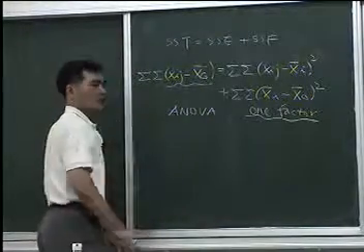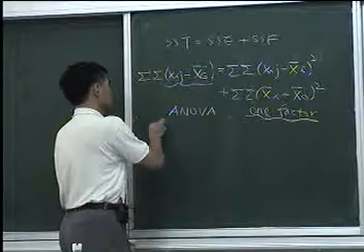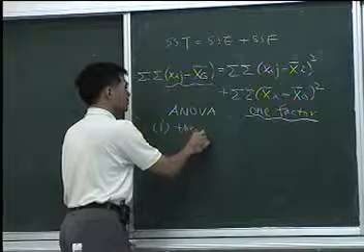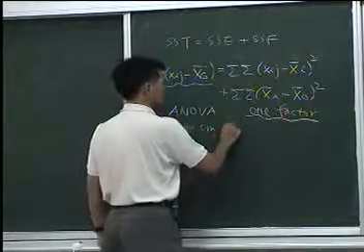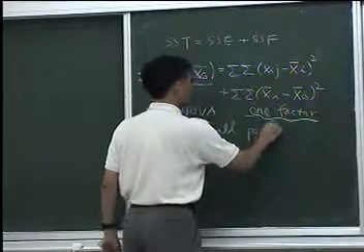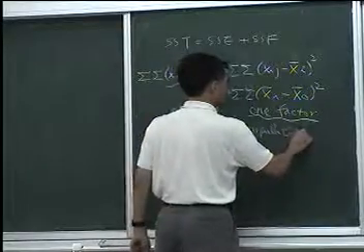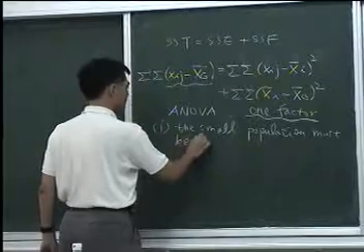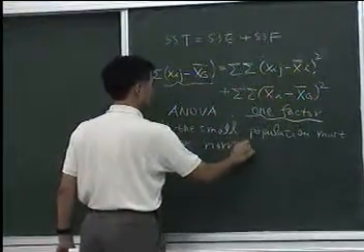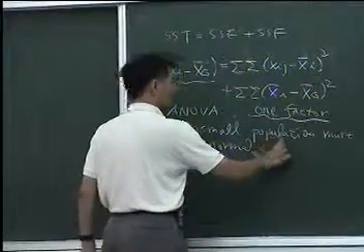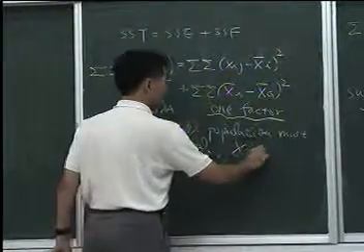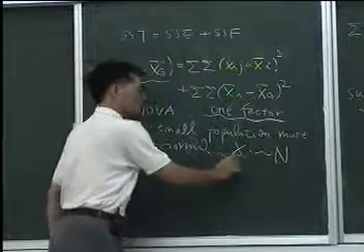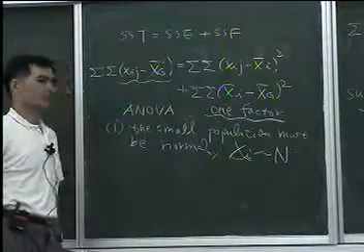There are 3 assumptions. The first one is the population must be normal. Basically, for whatever xi you have, it is a normal distribution. Whatever machine you are talking about, it is a normal distribution.